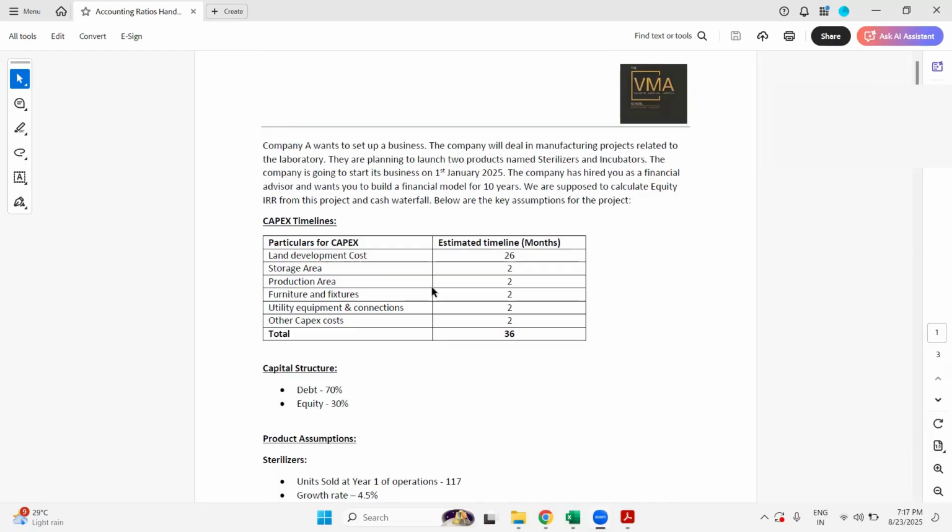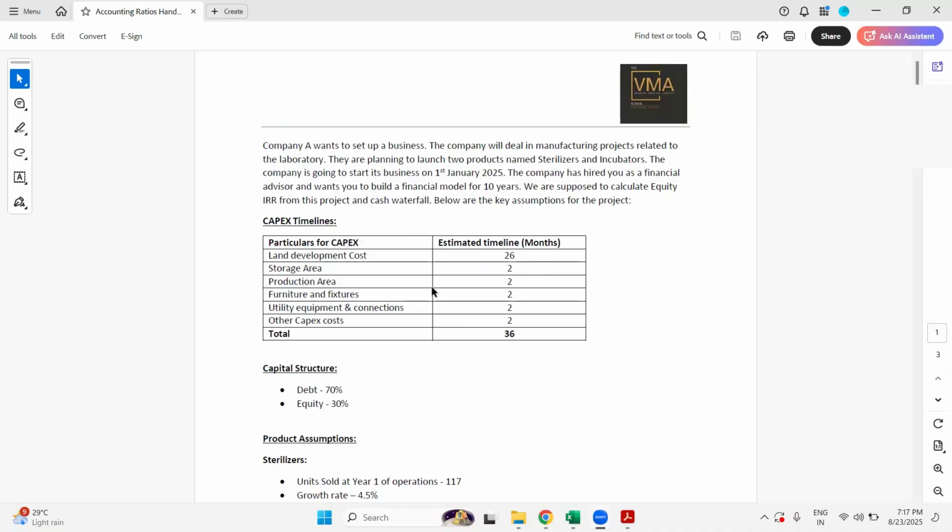By timelines, I mean when the project is getting kicked off, when the construction phase is getting started, when the operations phase is getting started, when the debt repayment will start, when the payment will come to my business, when I am supposed to pay the dividends, and when I am supposed to close out the loan. So this kind of information you need to have as a starting point.